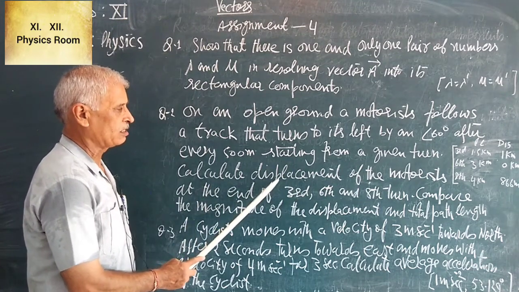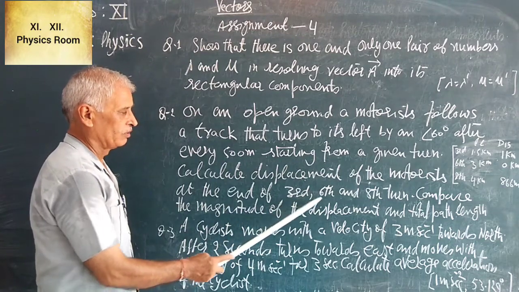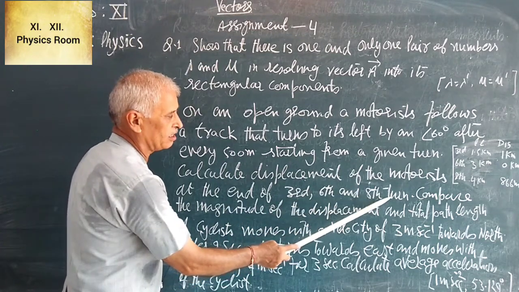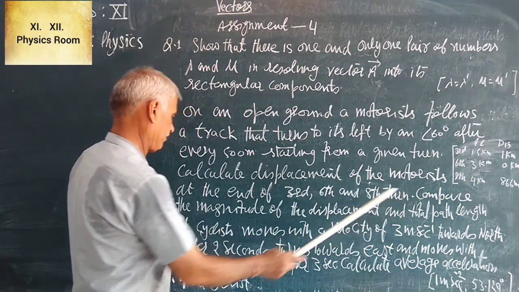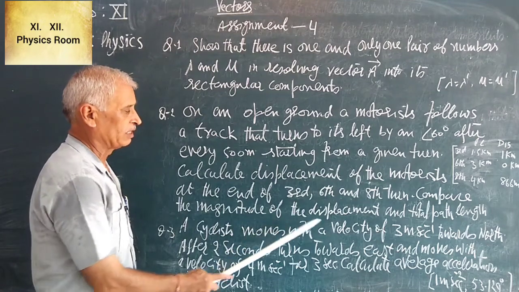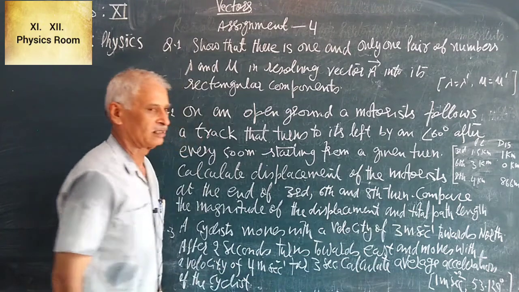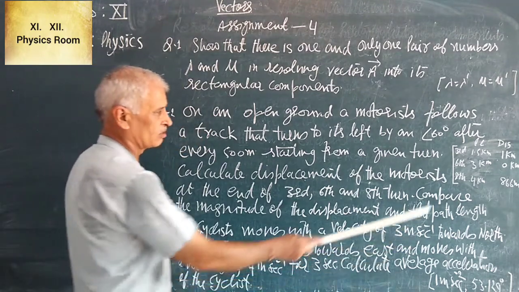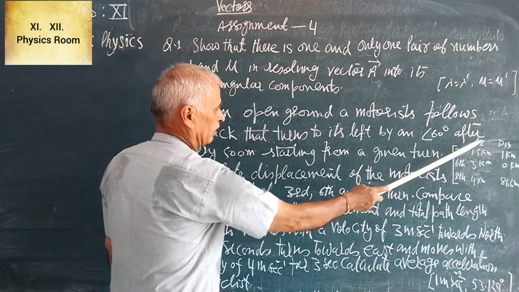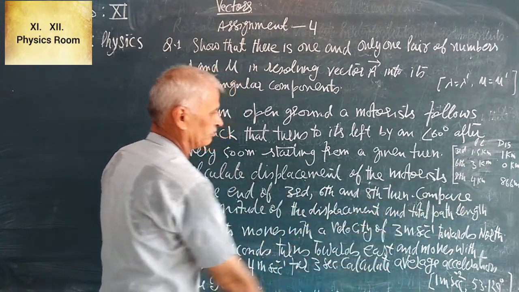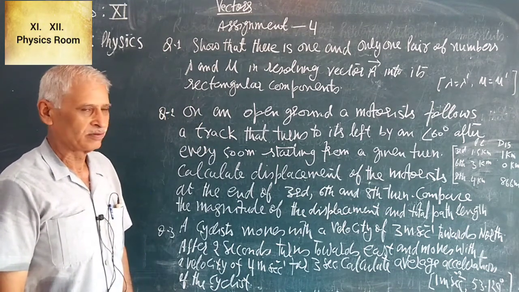Calculate the displacement of the motorist at the end of the 3rd, 6th and 8th turn. Compare the magnitude of the displacement and total path length. The answers are given for the 3rd turn, 6th turn, 8th turn, path length and displacement. So you can compare your results with these answers when you solve it.